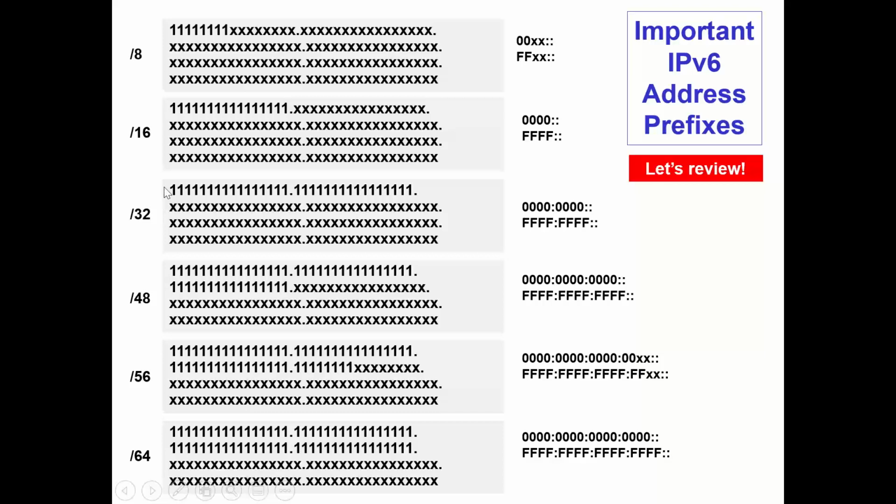Oftentimes, very large enterprises, they will ask for a grant of a /32 from their internet registry. And, you know, I'm just speaking in broad generalities now, but that might not be a bad thing to start at. You know, is go ahead and start at a /32.